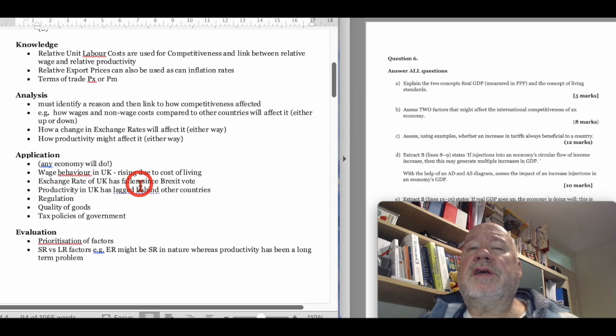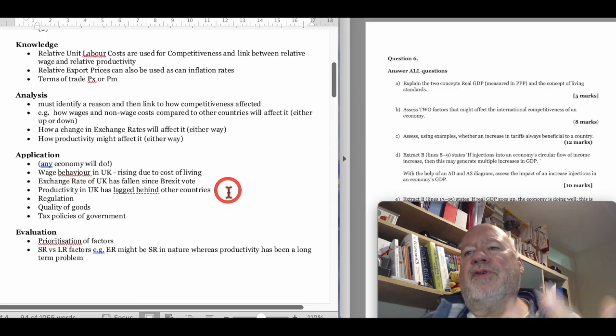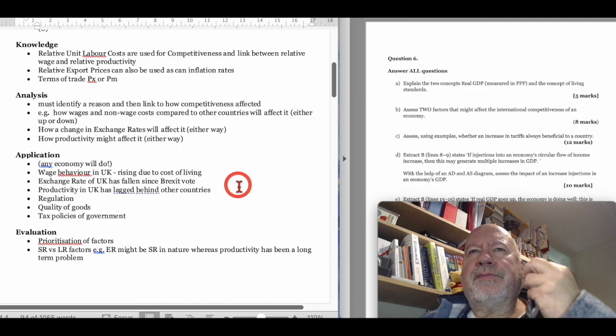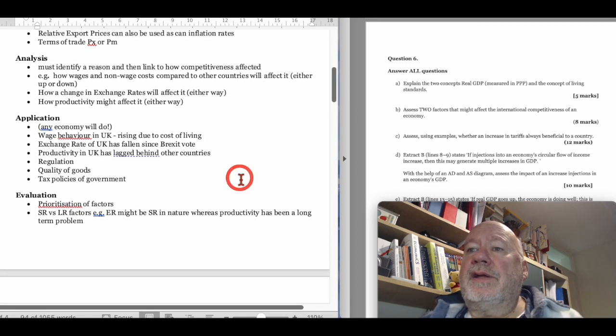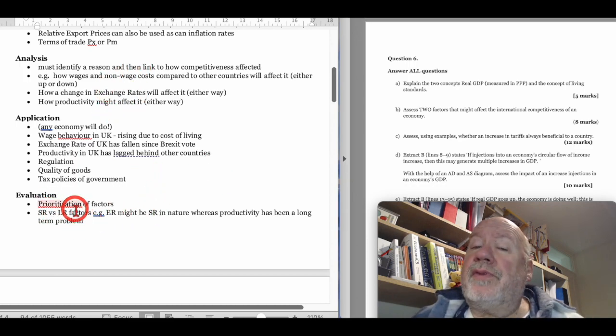The exchange rate, you should know that since the Brexit vote, it has fallen, which improves our competitiveness. Productivity too. Any of these things, you've got to get some snippets of information in there for the application, and the evaluation then would be, for example, that you can prioritize the factors.